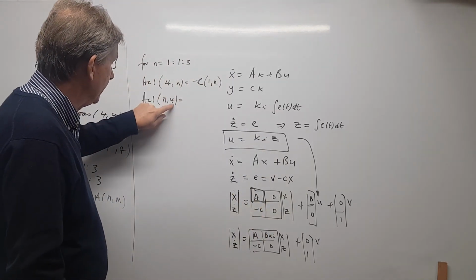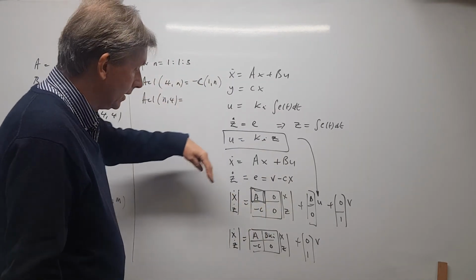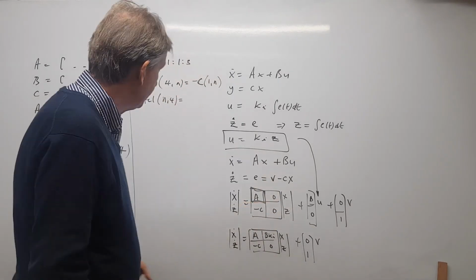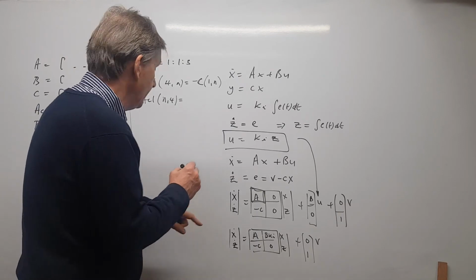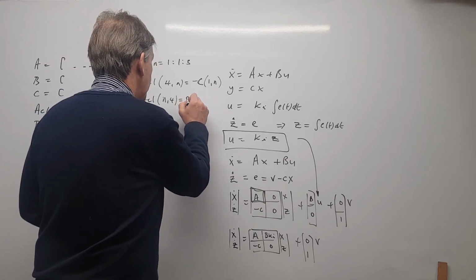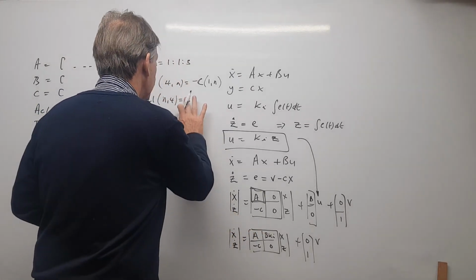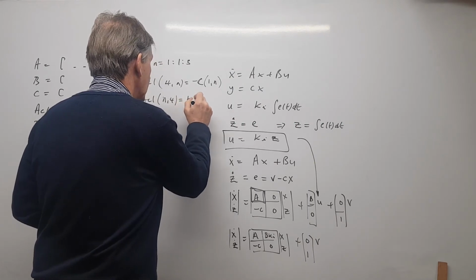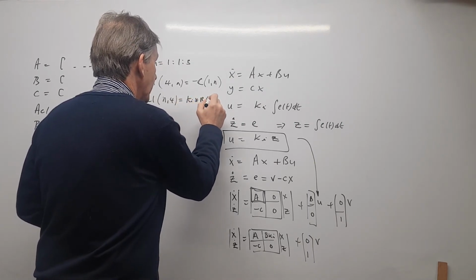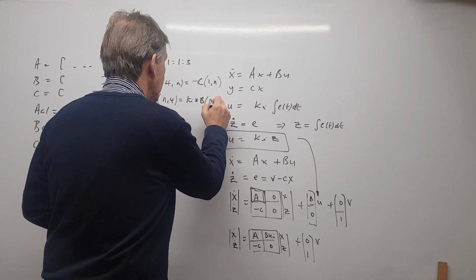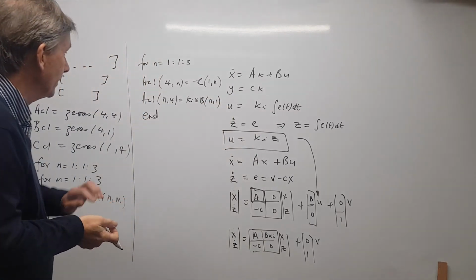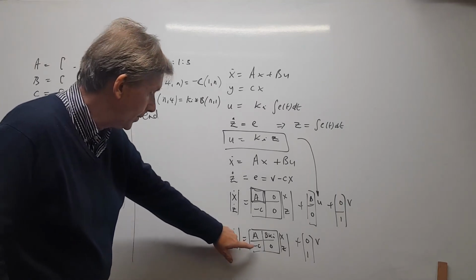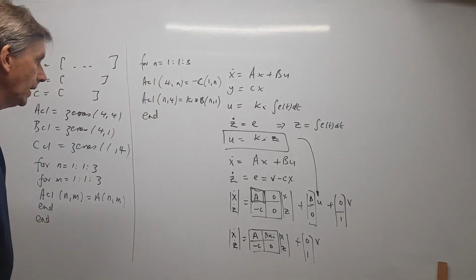So they're swapped around here because this is a column as opposed to a row, and n has got to go 1 to 3, and it's going to be equal to Ki times B n, 1, and then an end. So this part here now will fill up there and there for me.